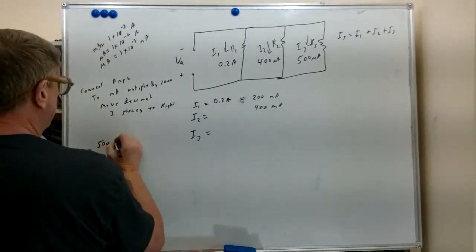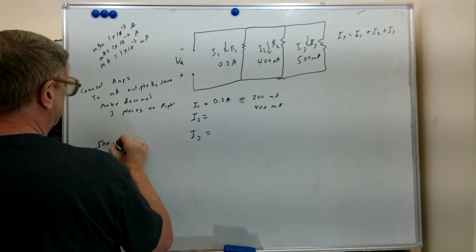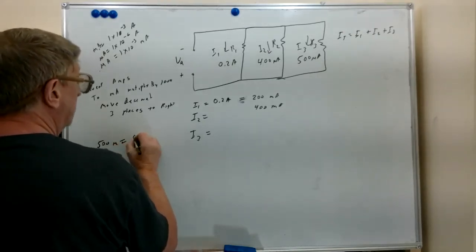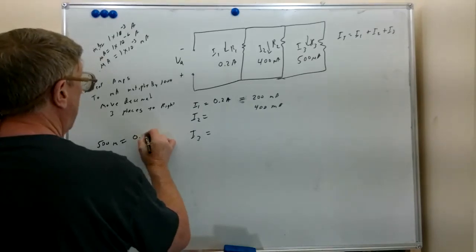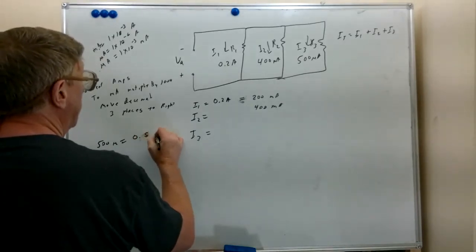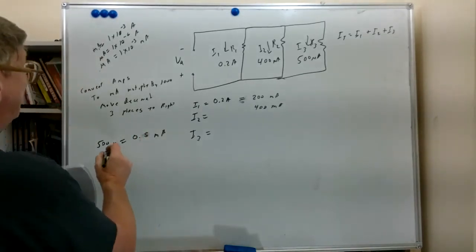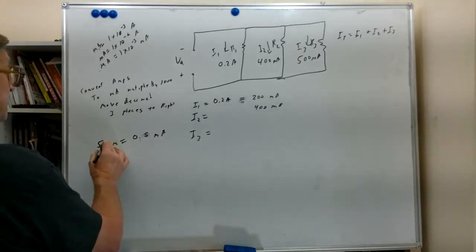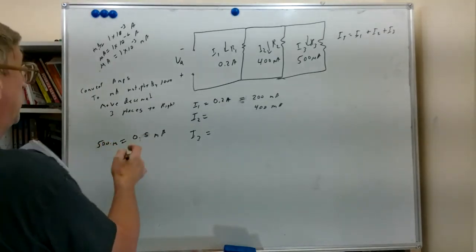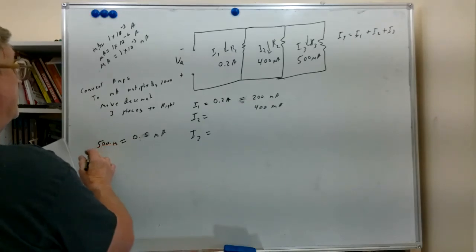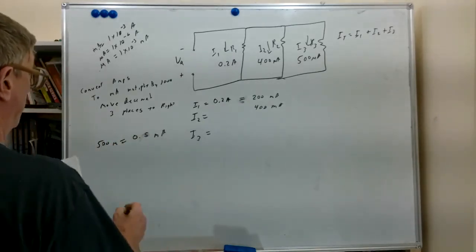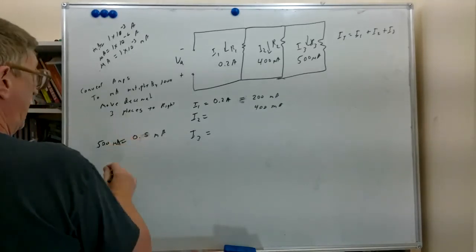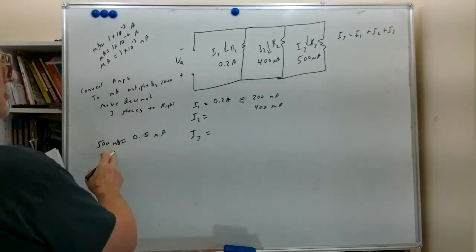So 500 microamps equals 0.5 milliamps. And we got that by moving the decimal 3 places to the left, to make the number smaller. When we did that, we made the number smaller, but we made the unit larger. A milliamp is a larger unit than a microamp.